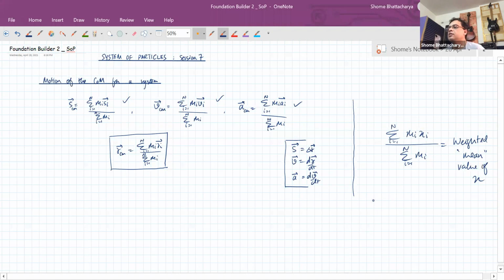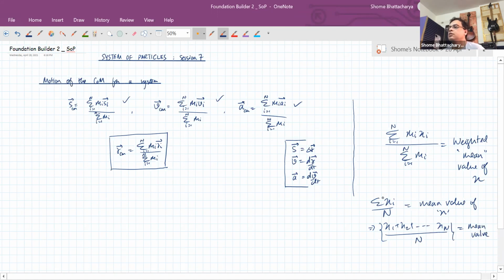Just like summation x divided by total number is called the mean value of x. So basically, x1 plus x2 plus like that going up to xn divided by the total number of terms, that is called the mean value.